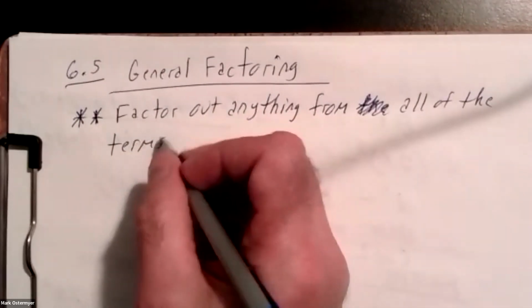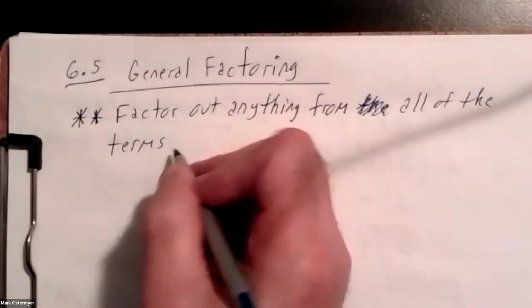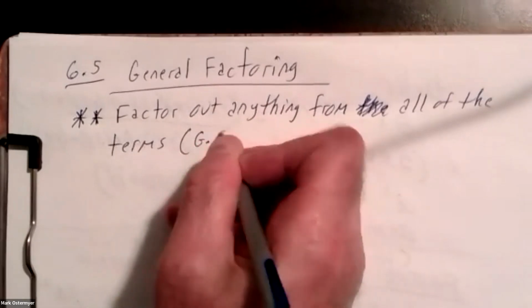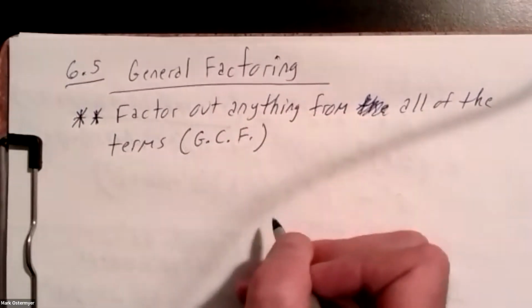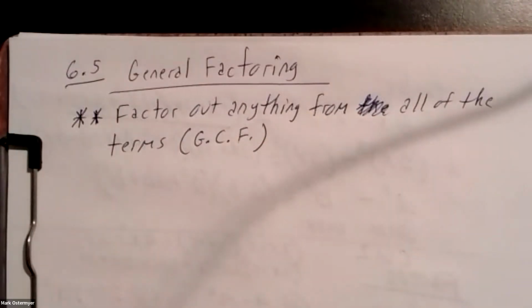You always want to ask yourself if you can factor anything out of all your terms first. And that gets back to where we started this business back in 6.1, factoring out a greatest common factor out of all your terms. I do have a factoring toolbox that I will attach to Canvas.